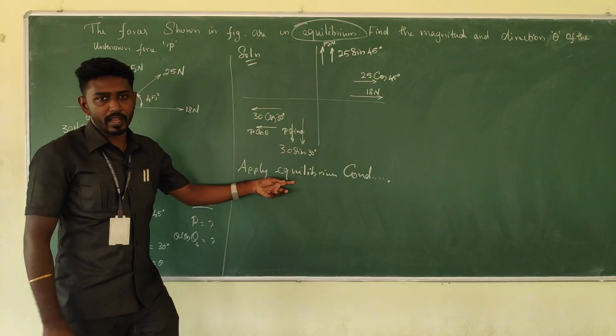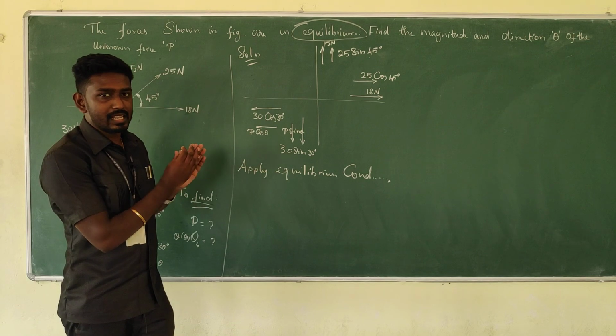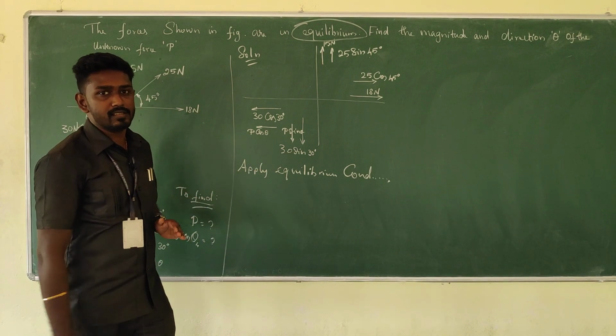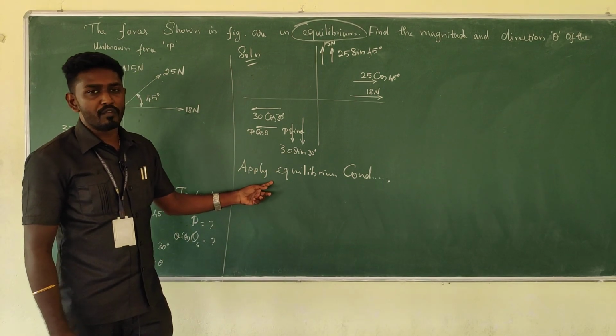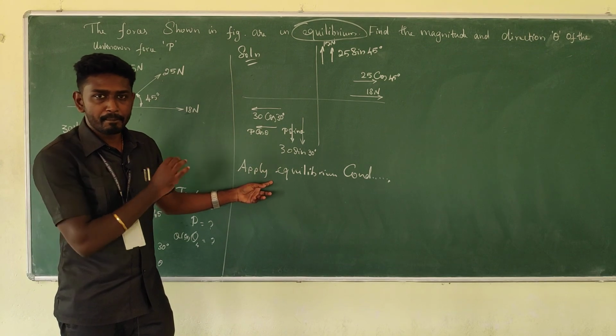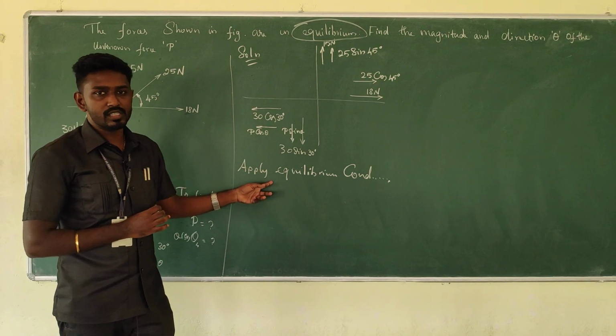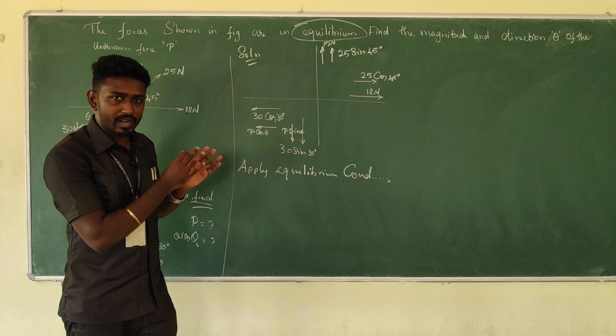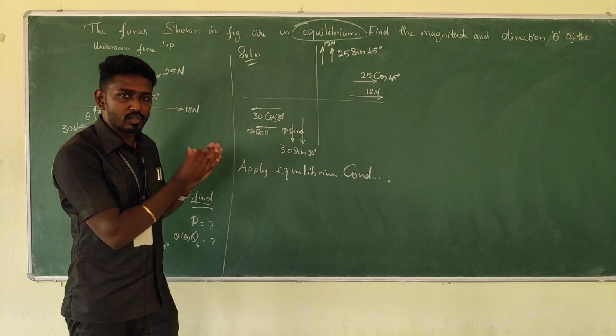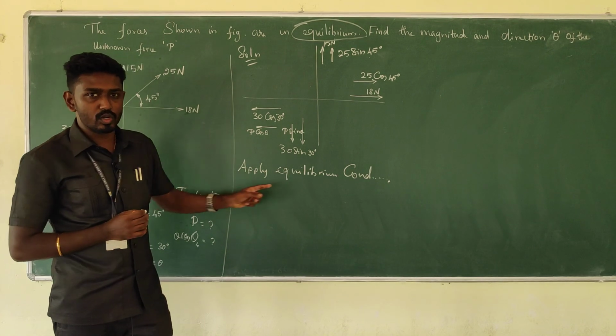What do you mean by equilibrium? What does the equilibrium condition say? It says that the sum of all the forces acting on the particle is equal to 0, or the resultant of the forces acting on the particle is equal to 0.